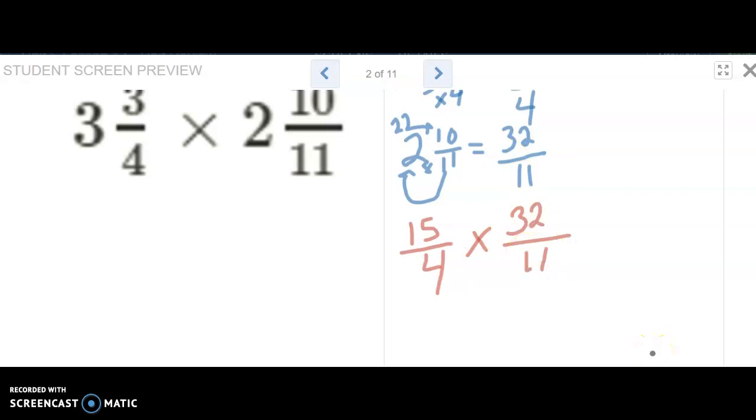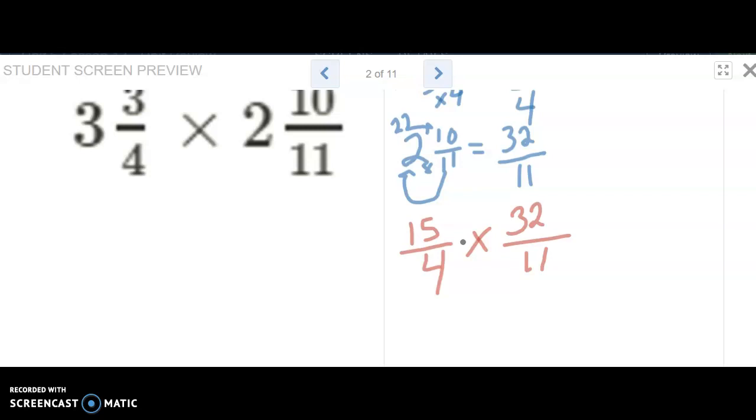Now, from here, I could multiply my numerators and multiply my denominators and then simplify. But I do see something. You can simplify before you multiply if your opposite numerator and denominator have any common factors.